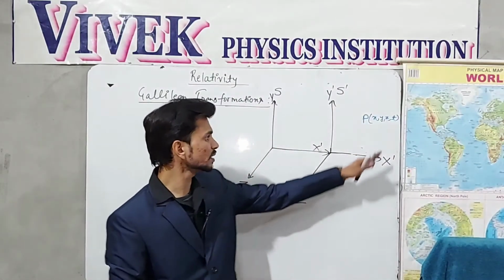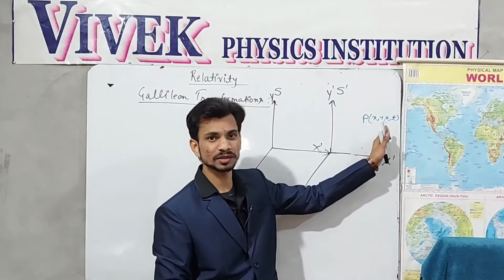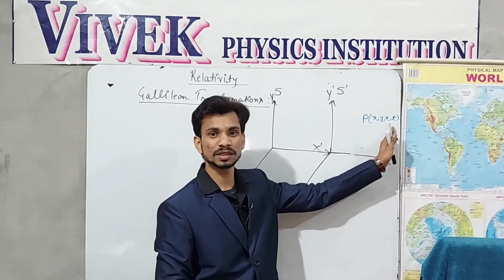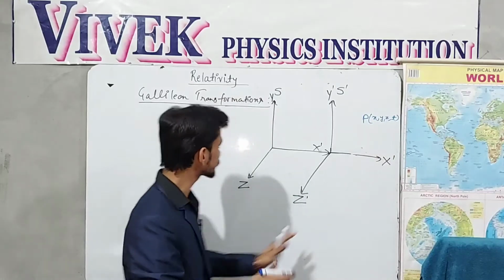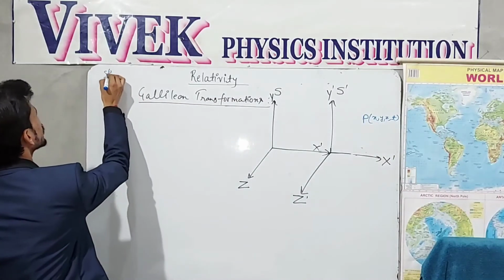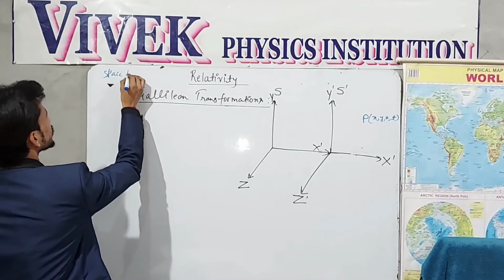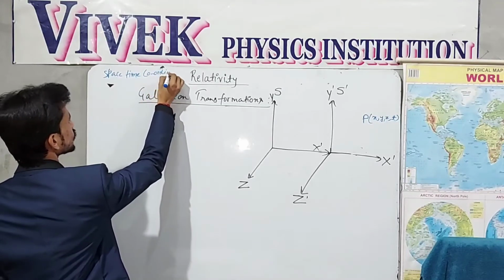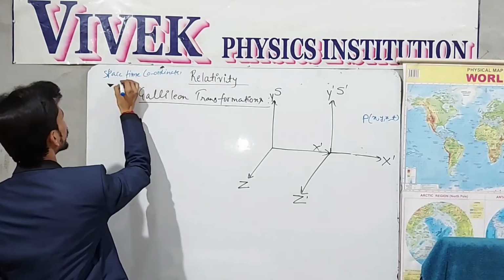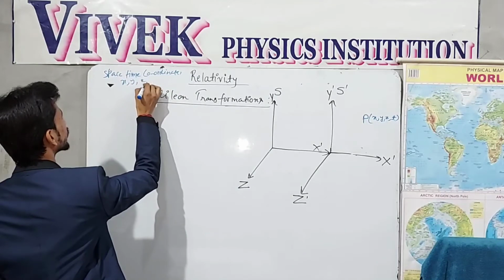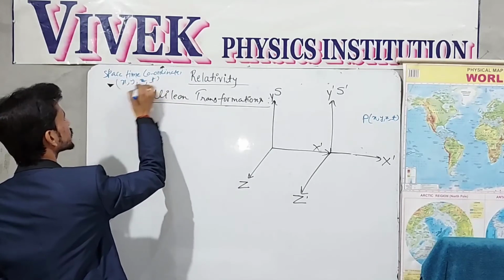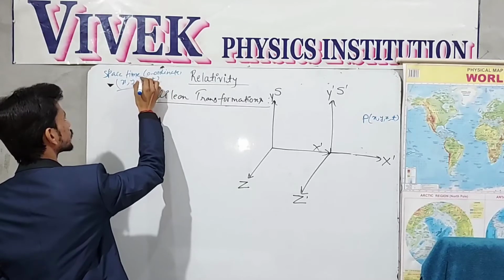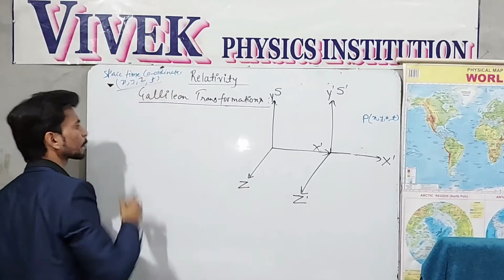If you include t in the coordinates x, y, z, then you will say this is the space time coordinate of a particle. Space time coordinates are x, y, z and t. It means the Cartesian coordinates plus the time at which that phenomenon, that event, is occurring.